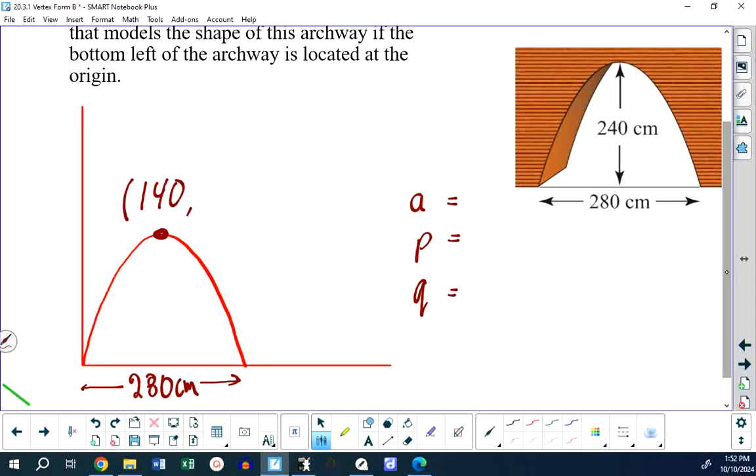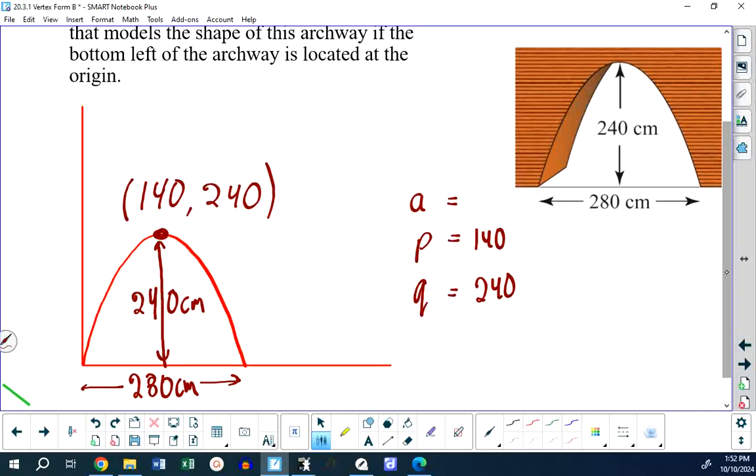Because the bottom left of the archway is at the origin, in addition to that, the y-coordinate must be 240, because this distance is 240 centimeters. So we know P and Q. P is 140. Q is 240.